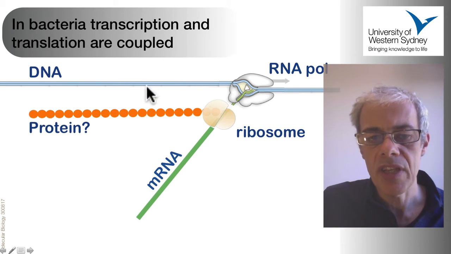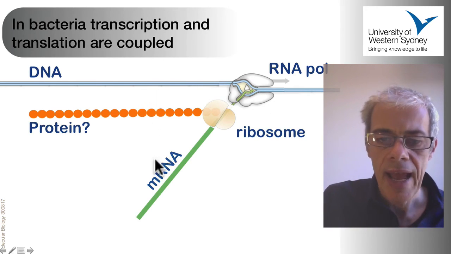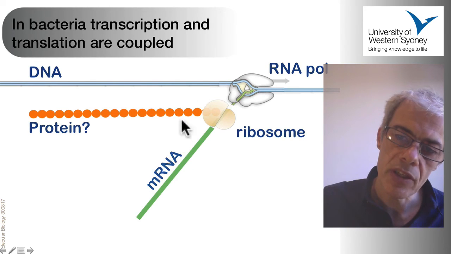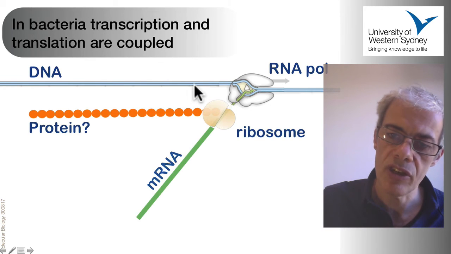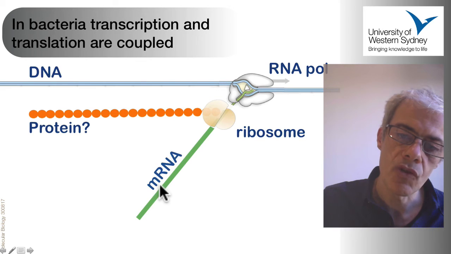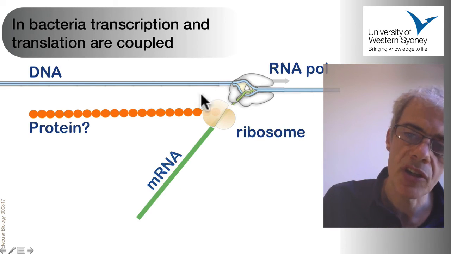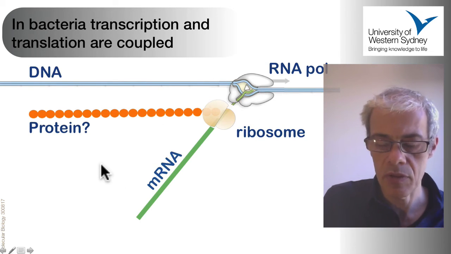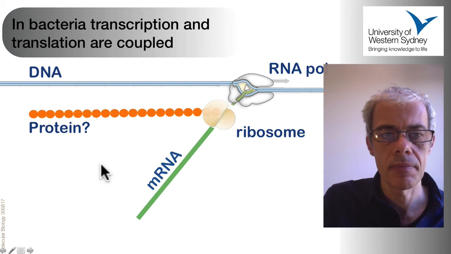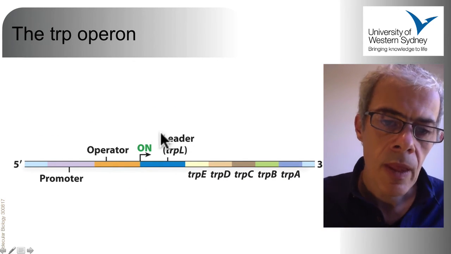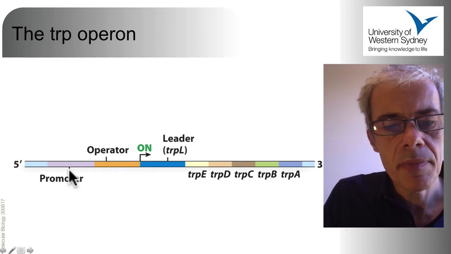So bacterial cells have used the fact that there's a coupling between these two processes of translation and transcription, so that the messenger RNA is able to form a structure that stops transcription. And you'll see that in the next few slides. So here's our promoter region. Here's the operator.